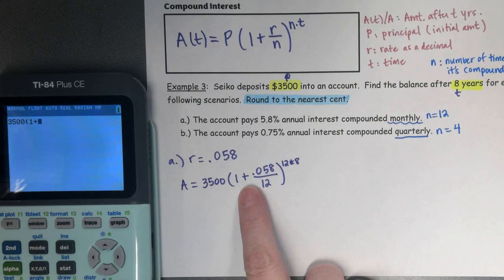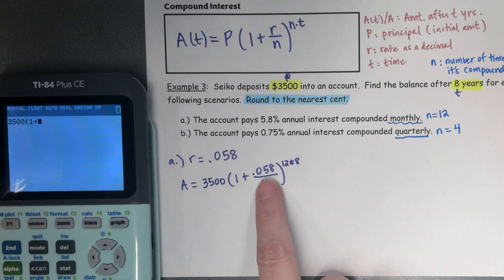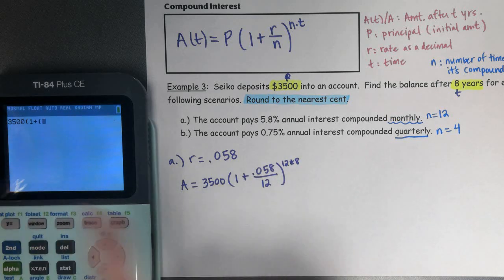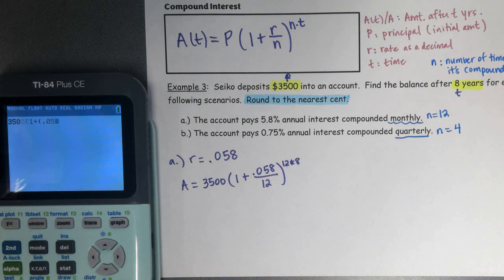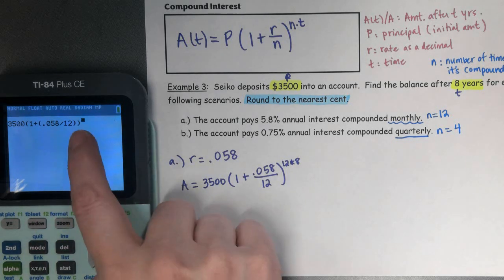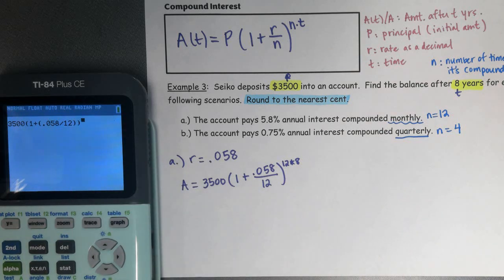So some of your calculators will do this even if you just put the divide. Some of you are going to have to put the 0.058 divided by 12 in parentheses. I always just do it to be safe. And then close that parenthesis and then to the power of. Now, if your calculator does the power like this, you can just put 12 times 8.